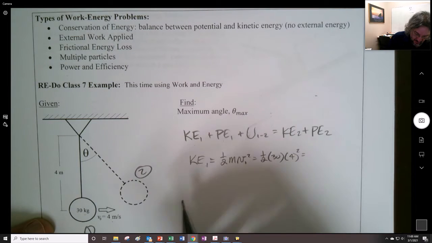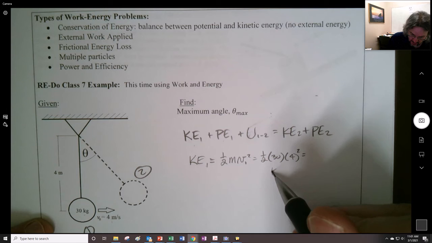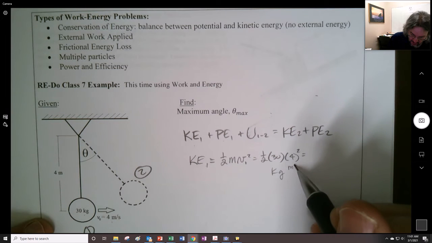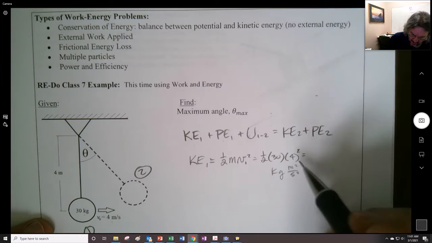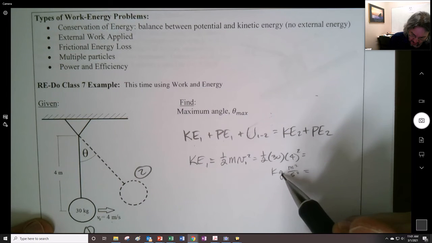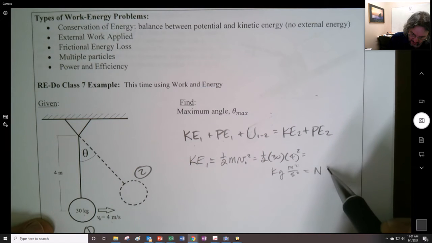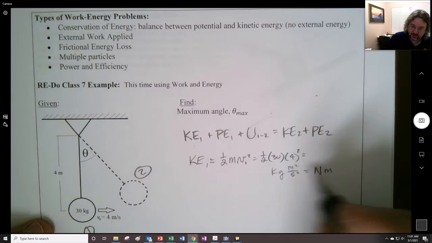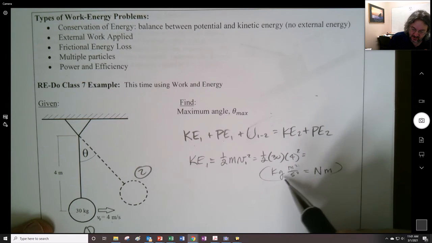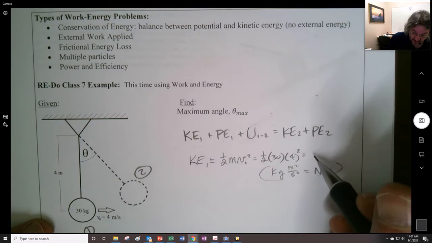And notice right here, by the way, I think it's a good time to point out that the units we're going to have are kilogram meters squared per second squared, right? The kilogram meter per second squared is going to be a Newton, and we're left with a meter. So this will turn out to be units of Newton meters. That's our energy units.